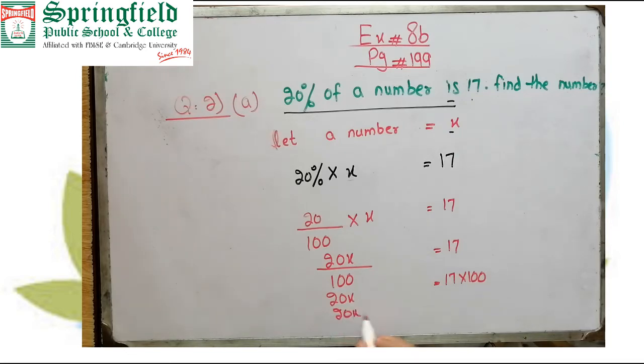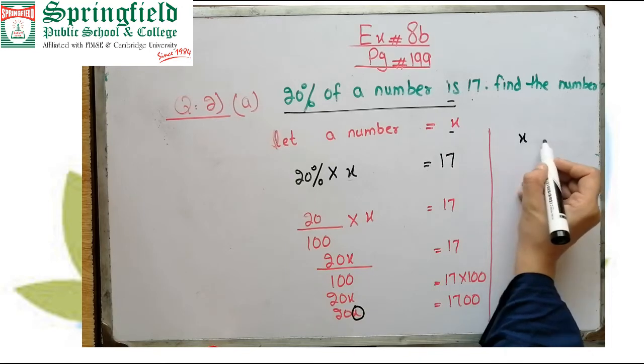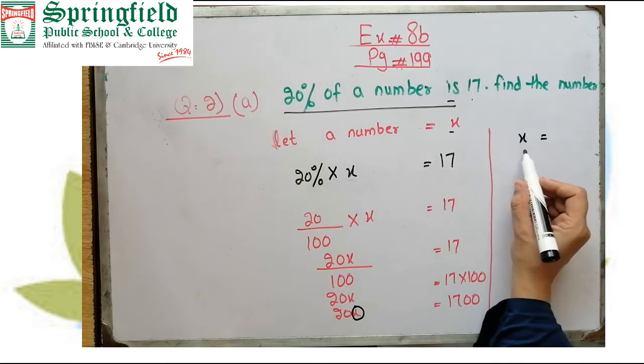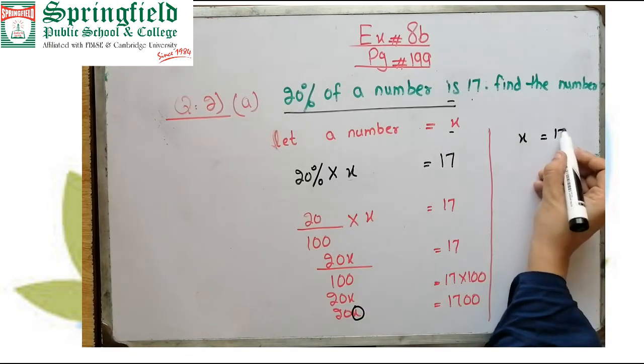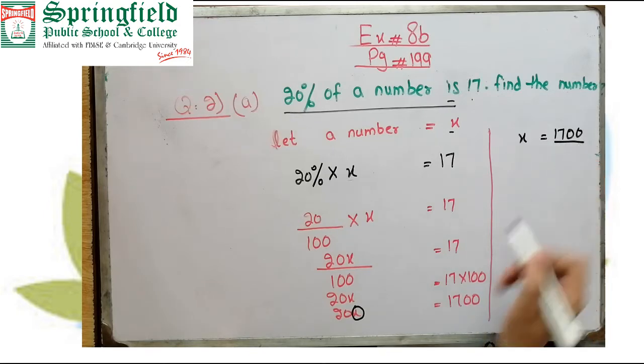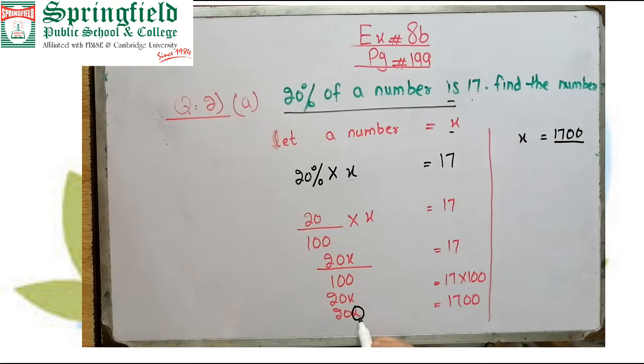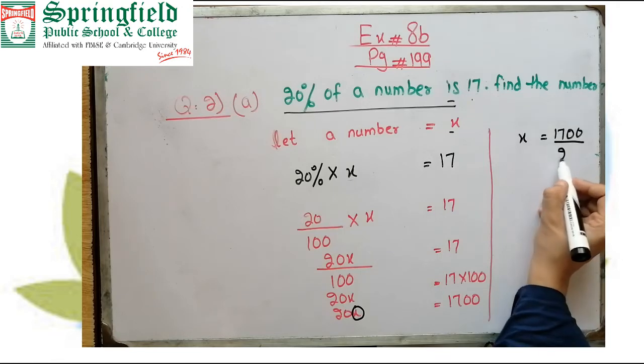So 20x, 17 multiply 100, 1700, and then we will find just x. So leave the x on the left side, and then 20 will jump to the right side, and it will divide, because here 20 is multiplied with x, and when the 20 jumps to the right side, it will divide.